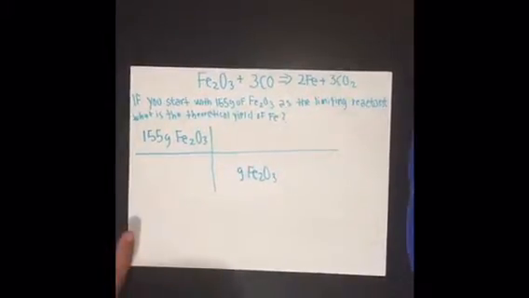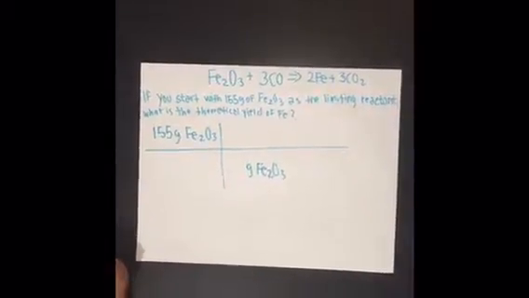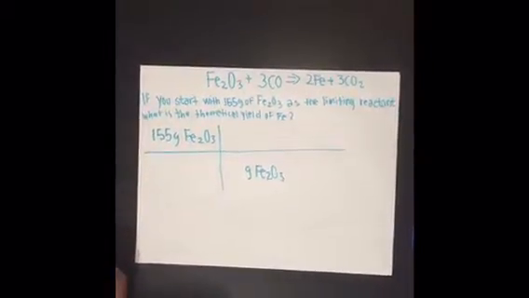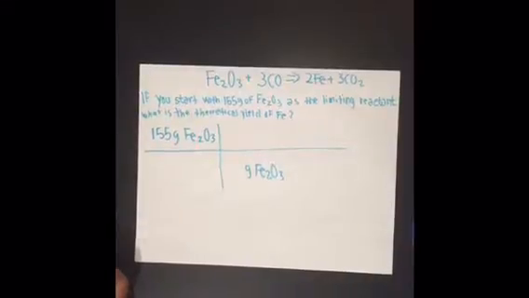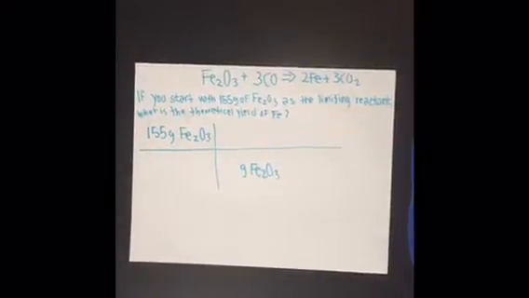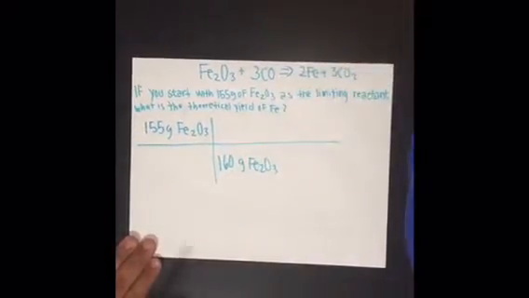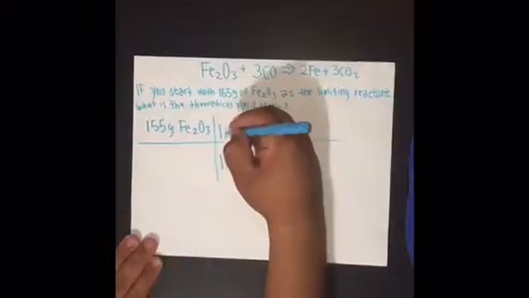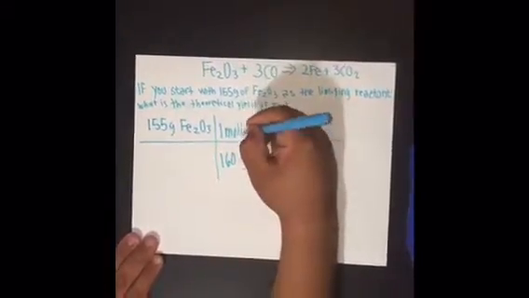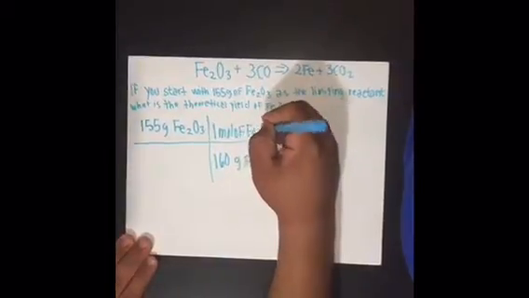56 plus 56, and for O it's 16. So basically 16 times 3. I'm gonna end up getting 160. And then you put 1 mole of Fe2O3.